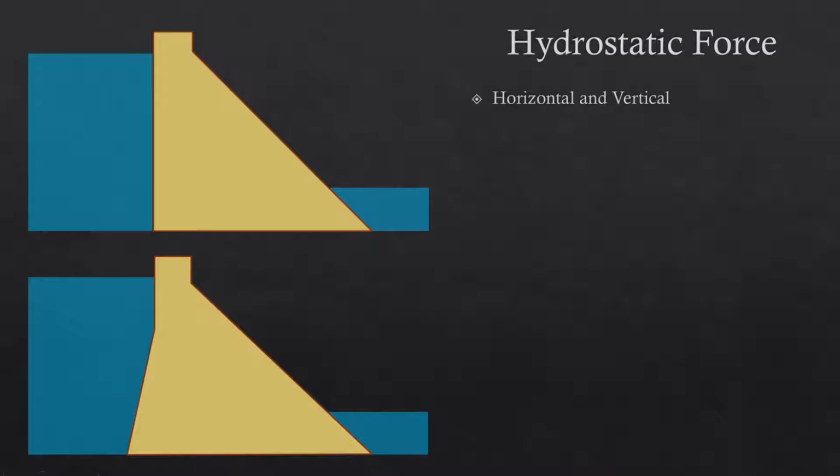So hydrostatic force may be from two directions, that is one from the headwater, that is the water stored in the upstream, and the opposite direction, there is tailwater. That means the depth of flow available in the river downstream of the dam. So this will also exert some pressure, although it will be smaller than the headwater pressure.